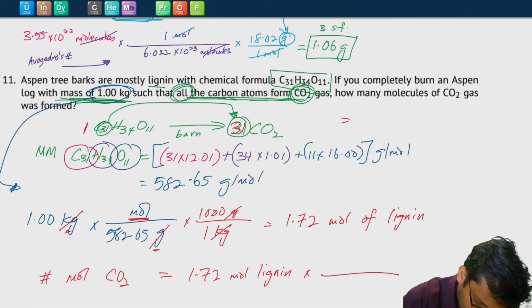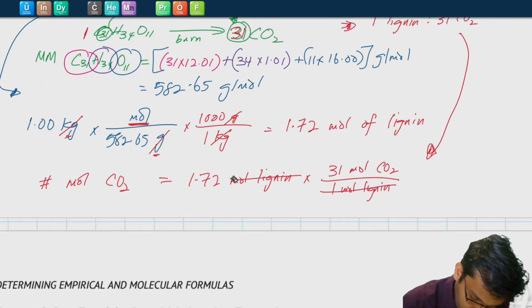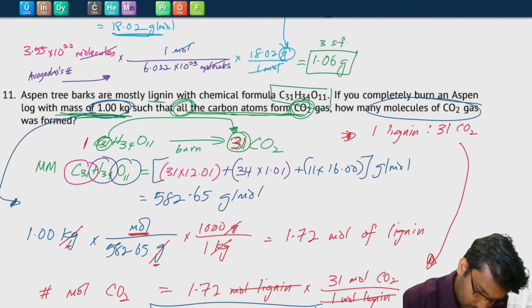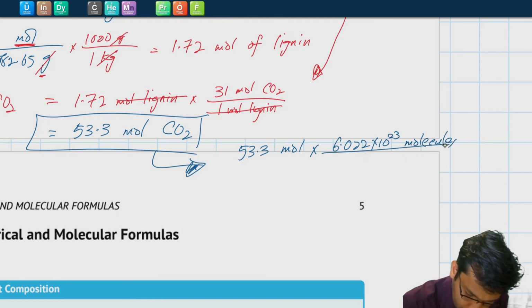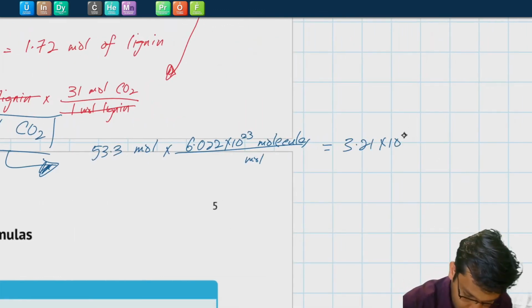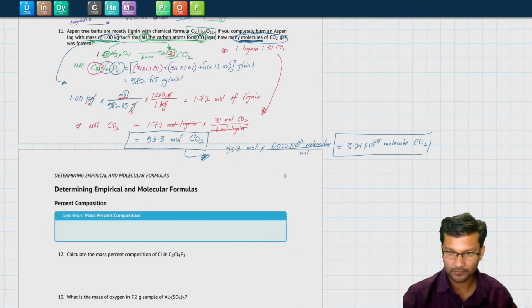But again, kilograms need to be converted to grams first before we can convert to the number of moles. So we have 1.72 moles of lignin, but we need molecules of carbon dioxide. We know that according to this equation, for every 1 molecule of lignin, we get 31 molecules of carbon dioxide. So we can use that ratio to figure out the moles of carbon dioxide, which is 53.3.